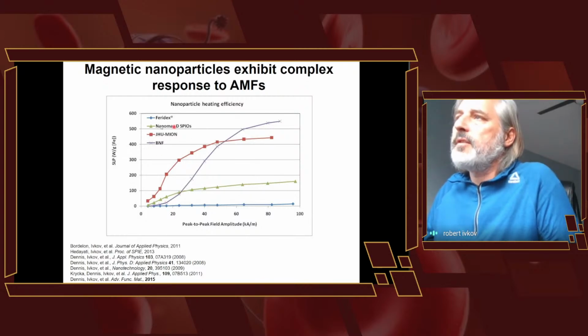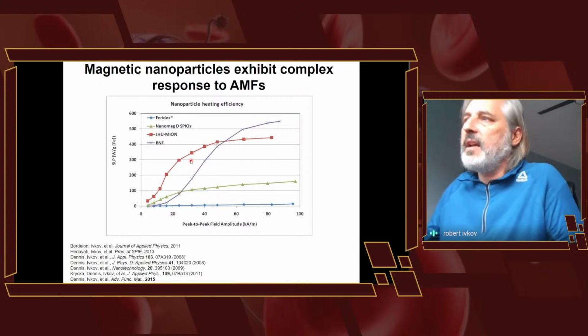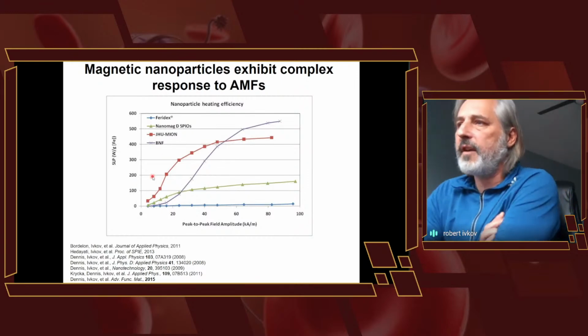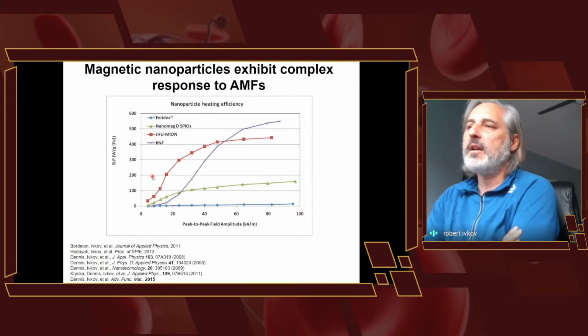And so there's actually a fair amount of work, and I was involved in developing both the BNF and the JHU magnetic iron oxide nanoparticles. And you can see that the heating properties of these two are actually very different. And it's these differences that created a fair amount of interest for me on the physics.